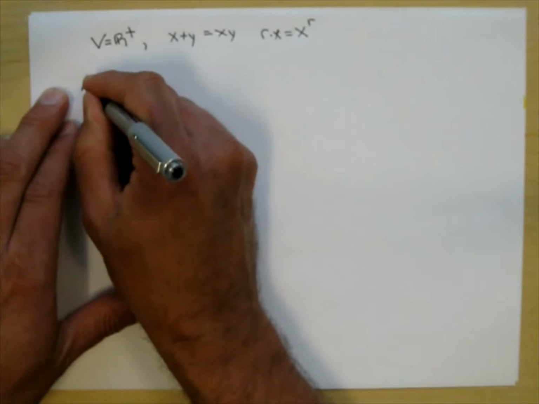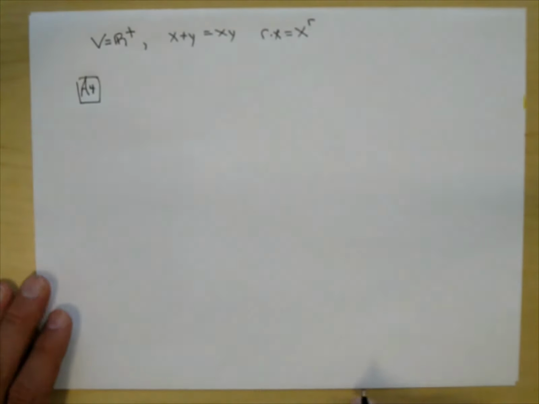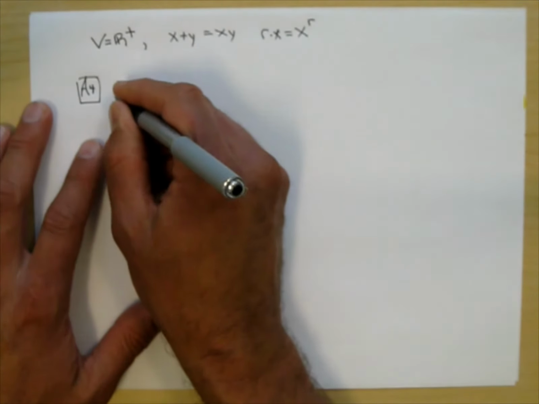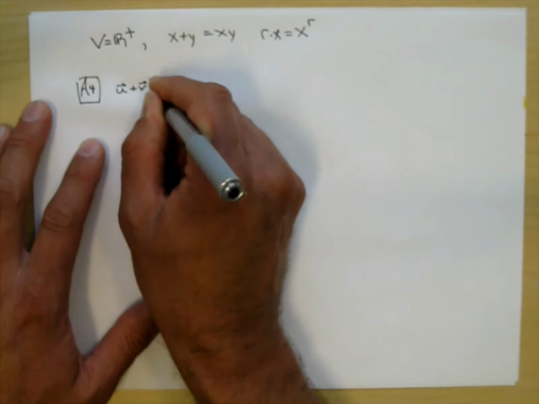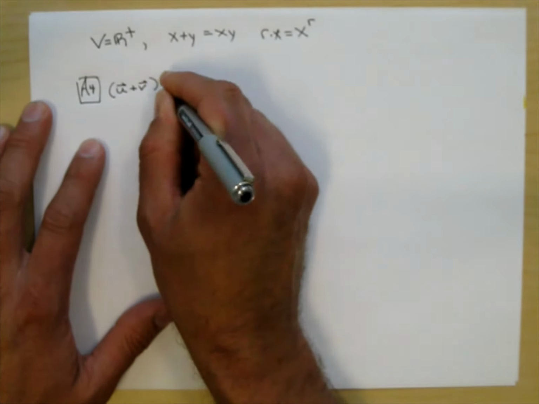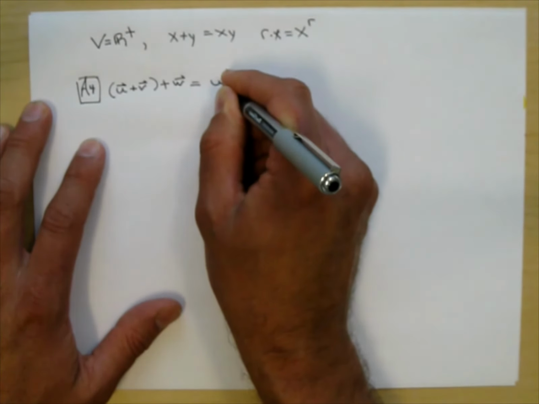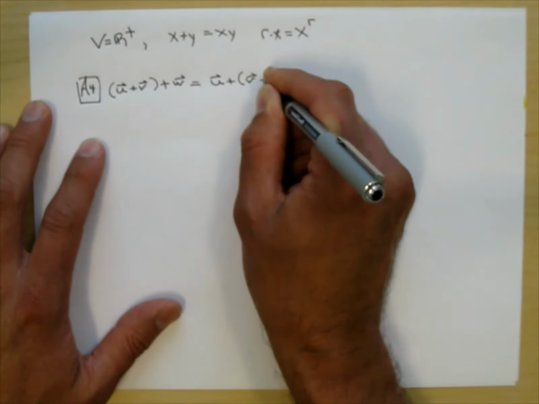Axiom 4. And once again, some of you are like, I should have turned off the video. Well, maybe you should have, but I'm going to run through these axioms here. This one says U plus V, then we add it to W. This should equal U plus, and then we have V plus W.